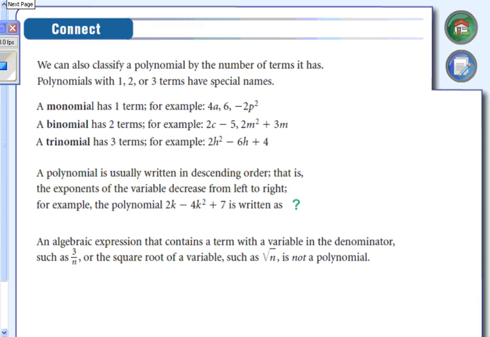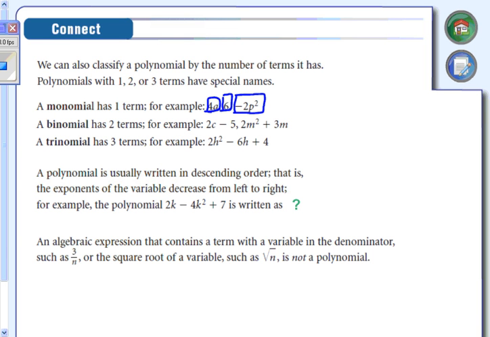All right. Now, more terminology for you. Monomial, binomial, trinomial. Monomial, way back in the day, we used to have mono sound, which meant just one speaker working. Mono, one term. So 4a is a monomial. 6 is a monomial. Negative 2p squared is a monomial.